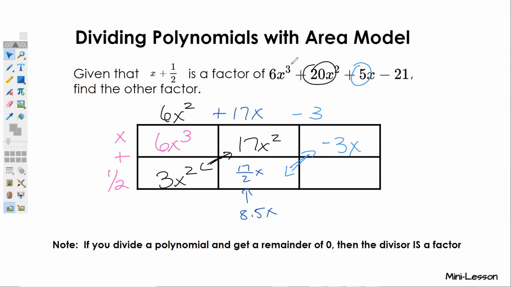And this should be 3.5. So sorry. 3.5x. This right here is going to be -3.5. And now we're trying to figure out -3.5 times 1/2 gives me what? 1 point.